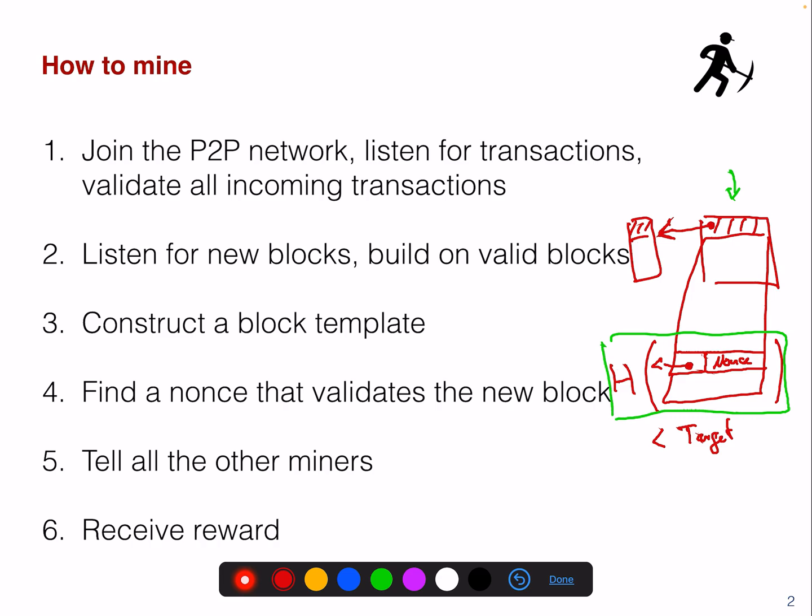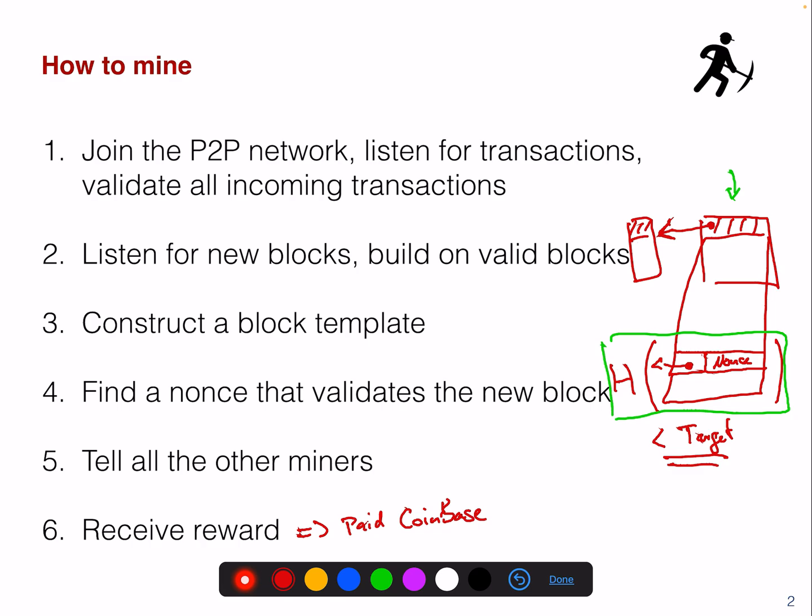So once we find a block that satisfies this condition, we broadcast this block and we tell other miners. And once the other miners have accepted that block, then we receive a reward. The reward is paid through the Coinbase transaction.